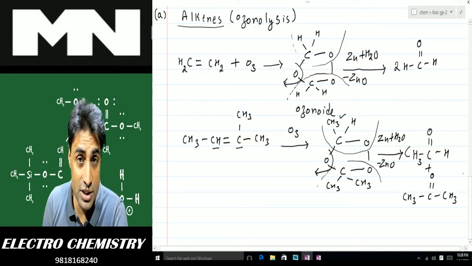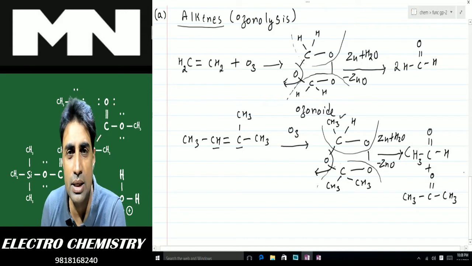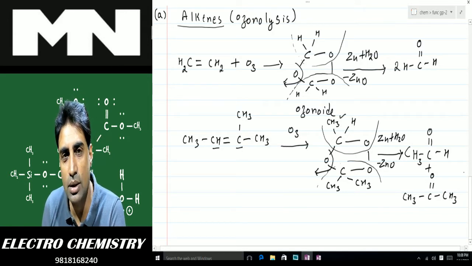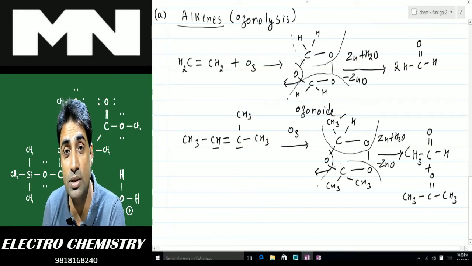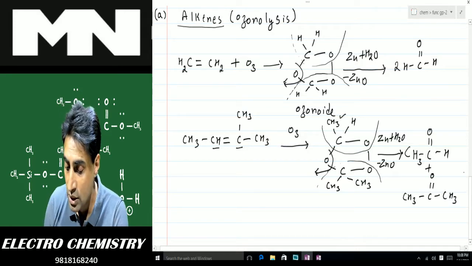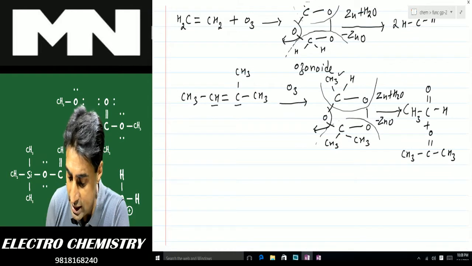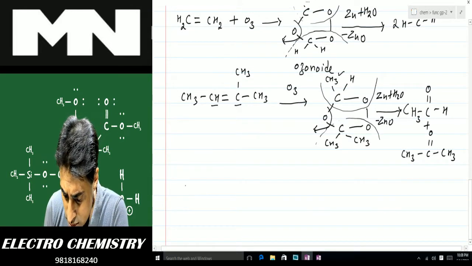Well, this reaction is not only used in preparing aldehyde and ketone from alkene, but it is also used to determine the position of the double bond in the compound. Suppose I have been given a compound like C4H8.